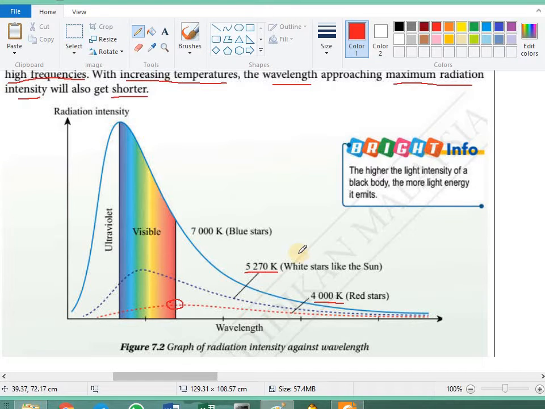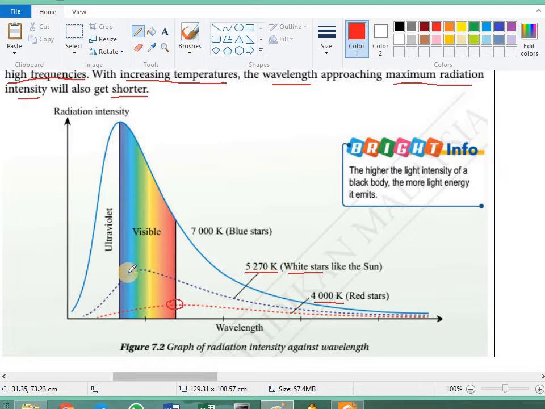So that is why this star with a higher temperature will look like white color, because all the different frequencies are released.